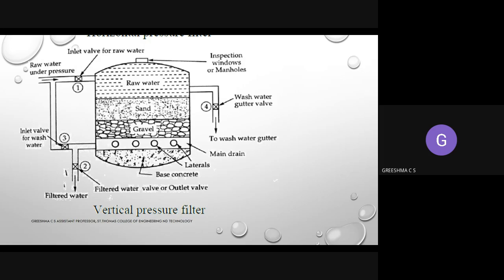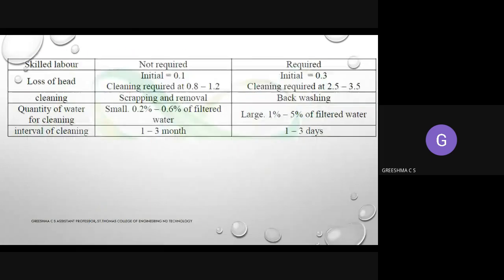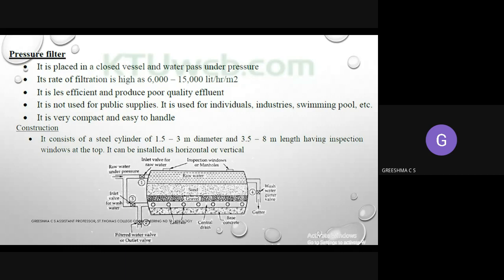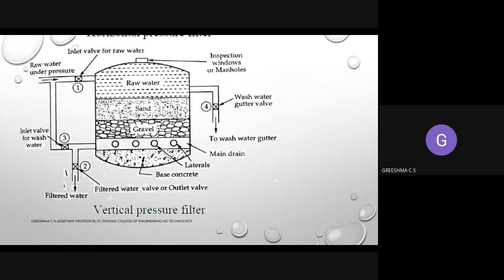If it is kept horizontal, it is a horizontal pressure filter. If it is kept vertical, it is a vertical pressure filter. The ingredients are basically the same.